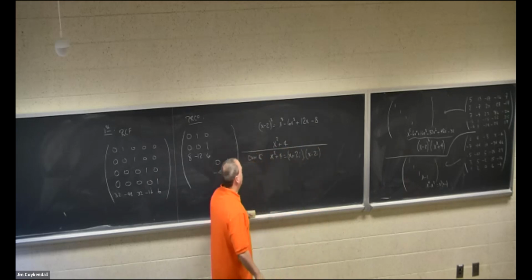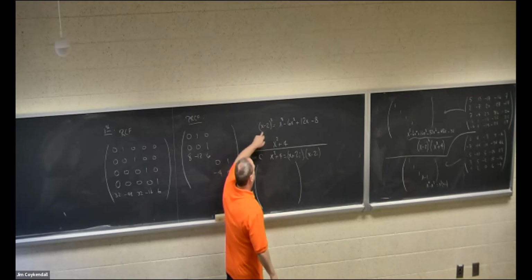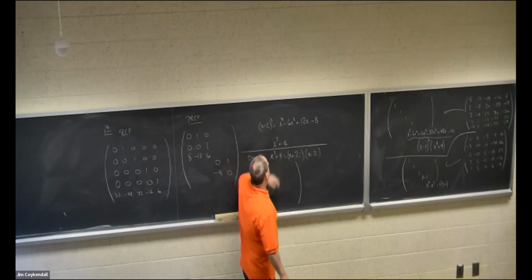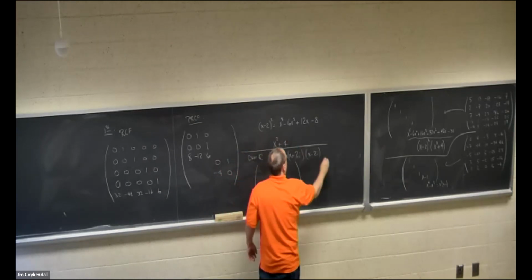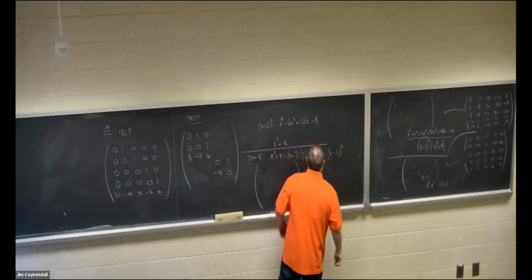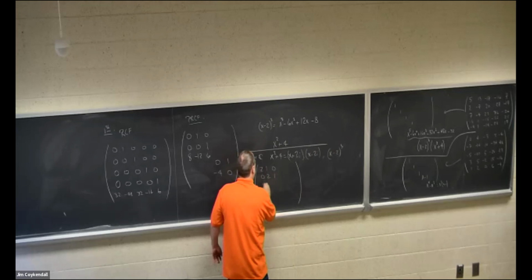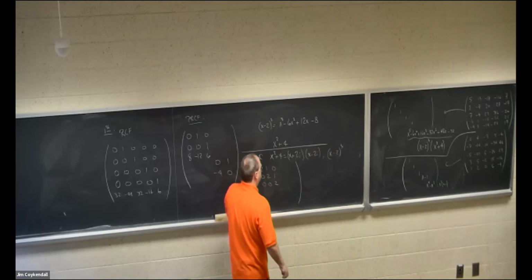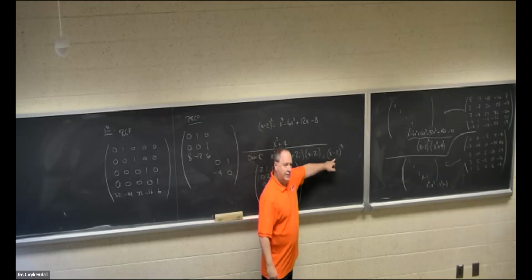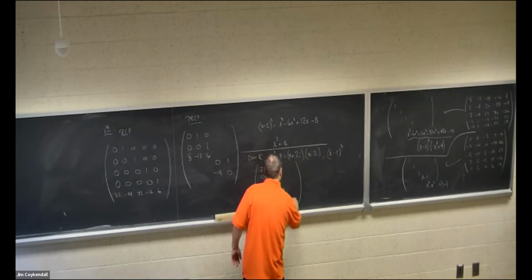So now the Jordan form, well, you're going to have this block here. And you also have x minus 2. So you're going to have 2, 1, 0, 0, 2, 1, 0, 0, 2. There's the Jordan block for this. You're going to have 2 smaller Jordan blocks, just 1 by 1.